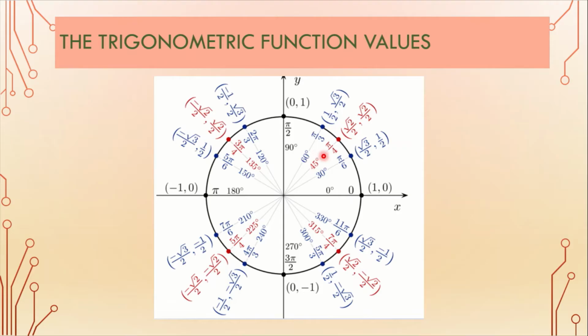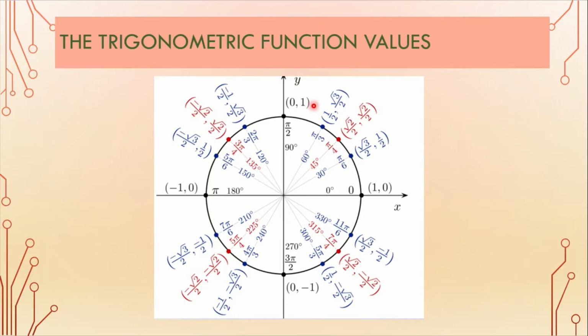When you want to get cosine of 45 degrees, that will definitely give you square root of 2 all over 2, and the sine value is the same as the cosine value. So if the cosine value of 45 degrees is square root of 2 over 2, the sine value of 45 degrees is square root of 2 all over 2 also.